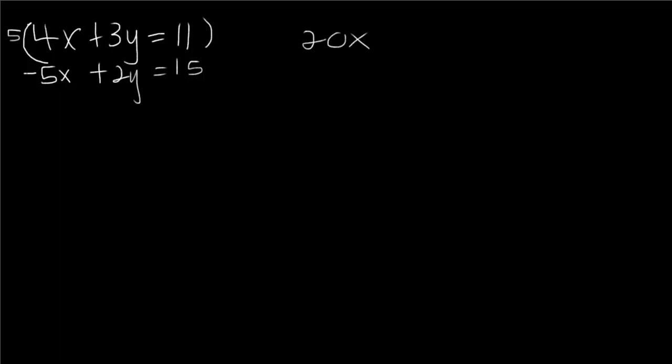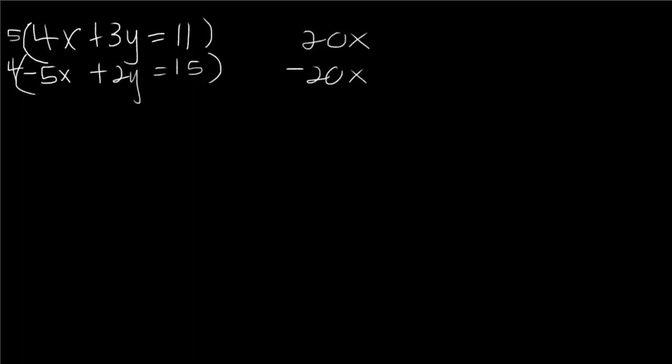And if I multiplied the bottom one by 4, I would get negative 20x, and see, when I add those they would cancel. And do you see what I did? The top equation had a coefficient of 4, and that's what I multiplied the bottom one by. The bottom equation had a coefficient of 5, and so that's what I multiplied the top one by.